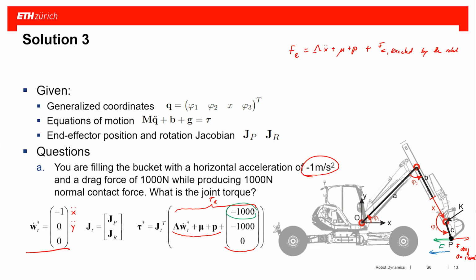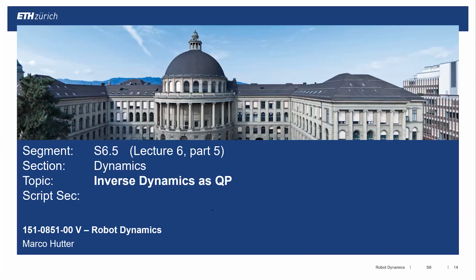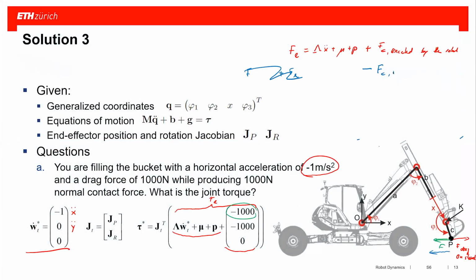You can also write the whole thing differently if you like. You can write here plus F, so the same plus Fe, you put it on the left-hand side, or let's move like this, we can minus Fc, and now it's the force on the robot. So the force that acts on the robot.